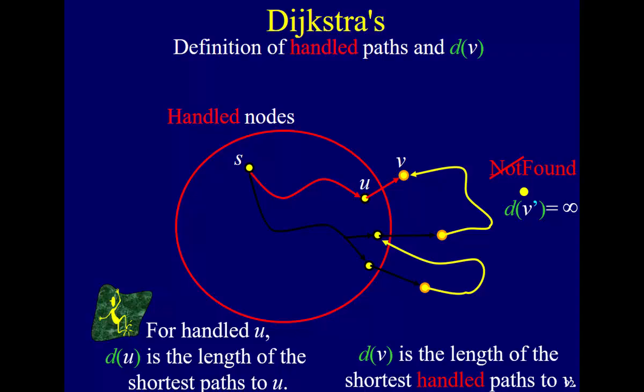Note that this path to V, the shortest handled path, is this. That's the shortest path we know about. Is it the shortest overall path? Well, look at this path. That might actually be shorter. We don't know about it because we haven't considered these edges. Does that make sense?